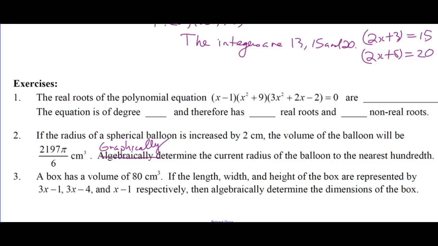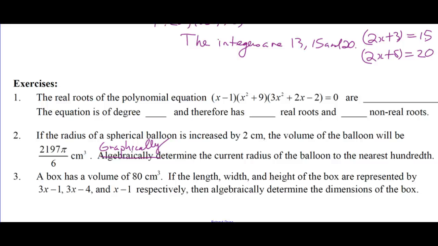Here's my y1, here's my y2, or here's just my y1. Here's my window. I graphed it. Here's a sketch of the graph. If it's y1, y2, I found the x-coordinates of the point of intersection. If it's just y equals 0, then I found the value or values of the x-intercepts. Okay, and then answer the actual question, right?